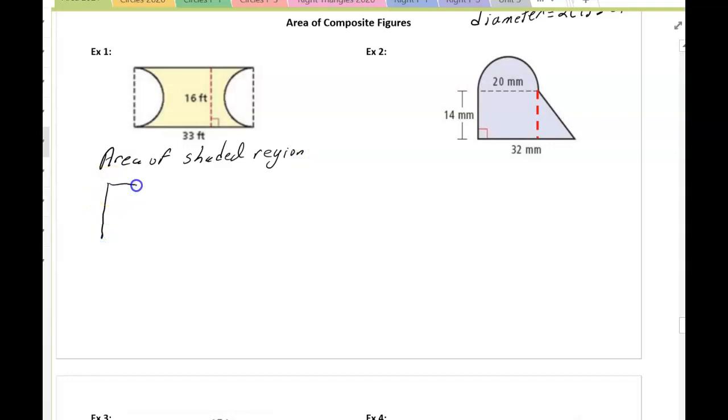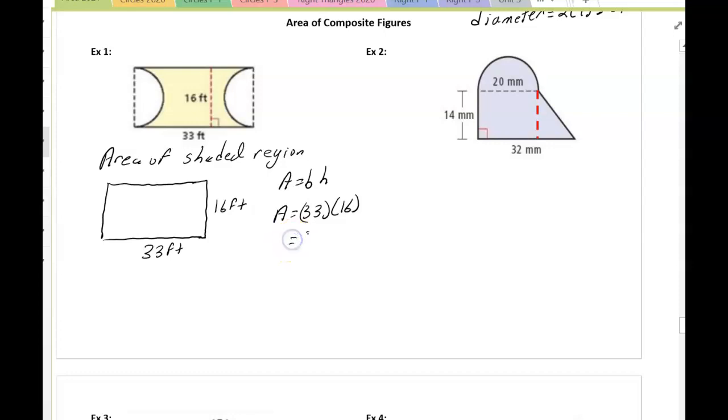So one way to approach this problem is we could find the area of the rectangle. So the area of a rectangle, we got 33 feet at the bottom. The height is 16 feet. So the area of a rectangle is base times height. So we would do 33 times 16.